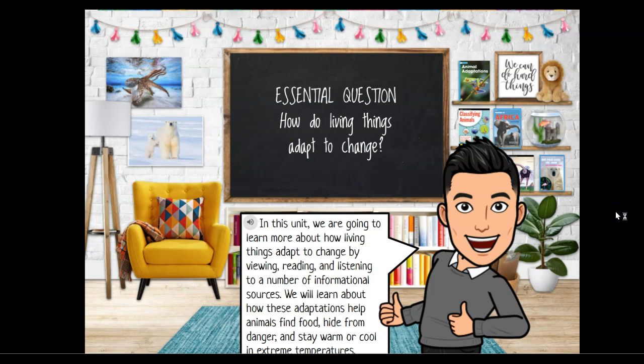In this unit, we are going to learn more about how living things adapt to change by viewing, reading, and listening to a number of informational sources. We will learn about how these adaptations help animals find food, hide from danger, and stay warm or cool in extreme temperatures.